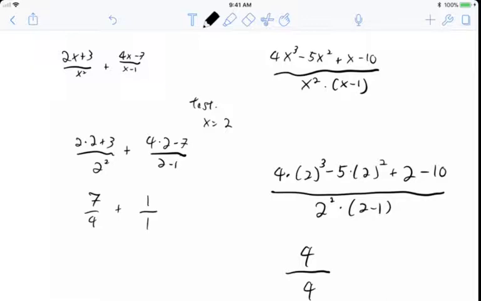Two, 4 times 2 times 2 times 2 minus 20 plus 2.